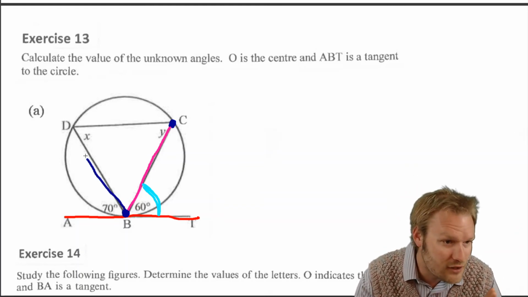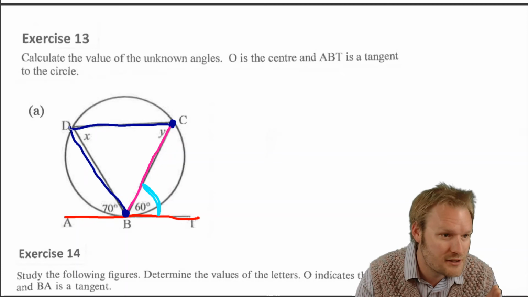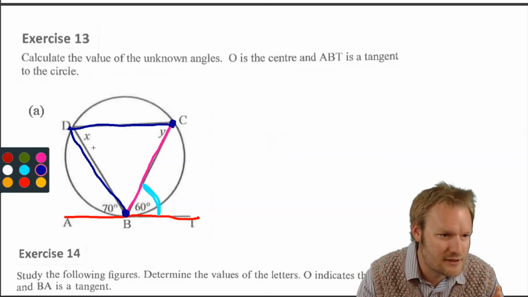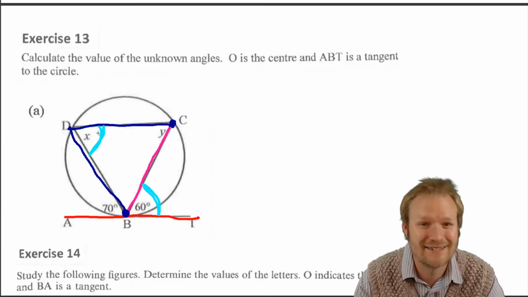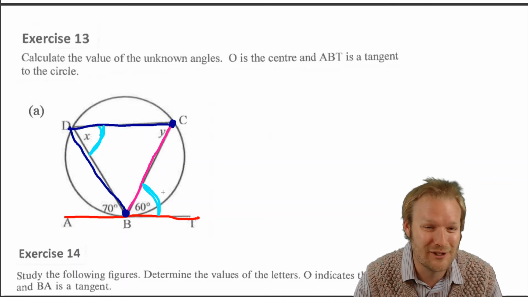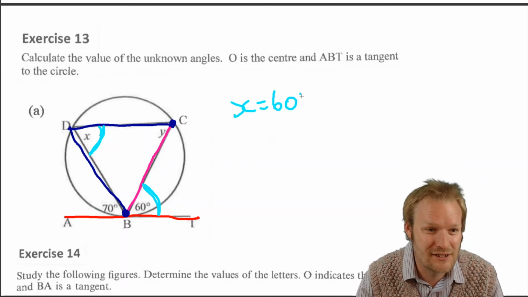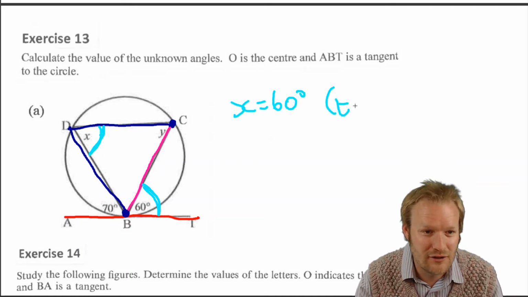Well, it's the one across there, so it must be X. X must be 60 degrees as well. So x equals 60 degrees. You've made a statement, the reason is tan chord, done.